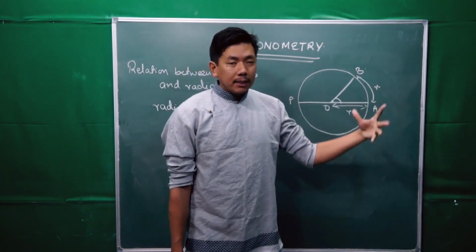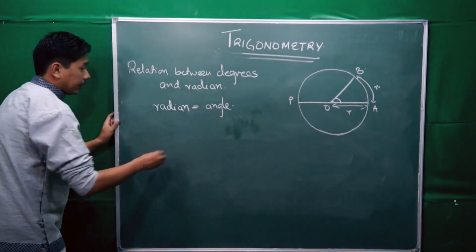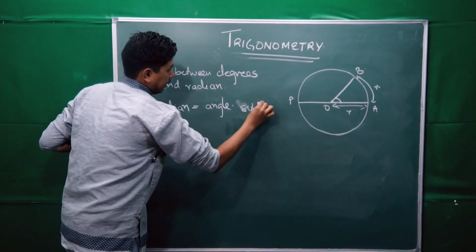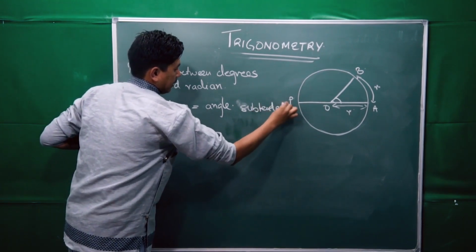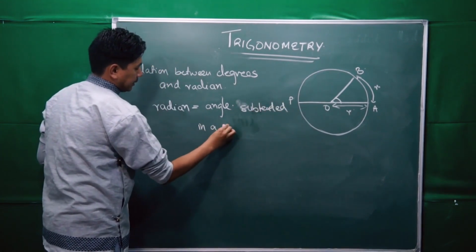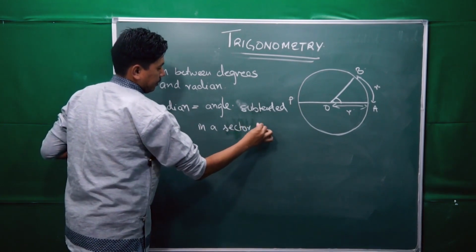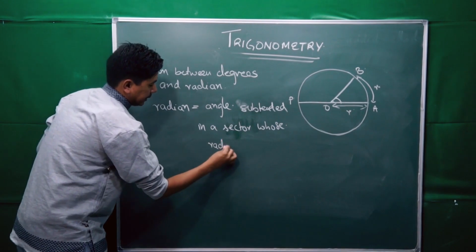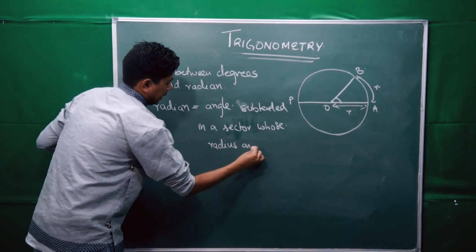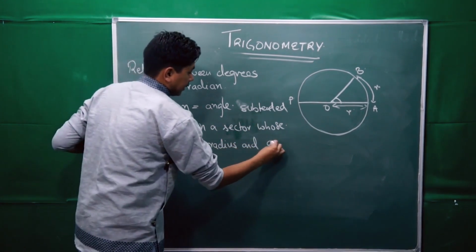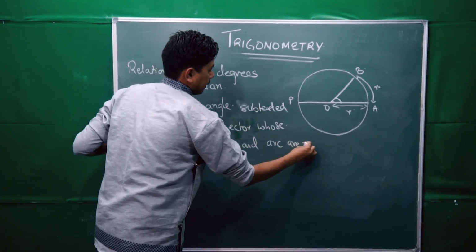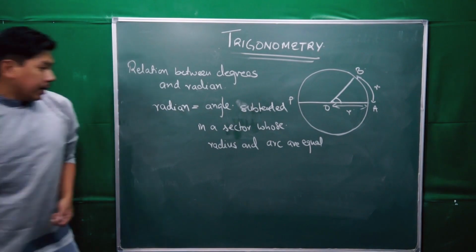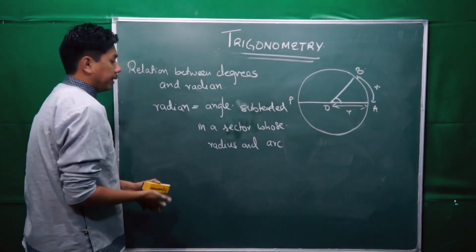So the angle subtended in a sector whose radius and arc are equal.